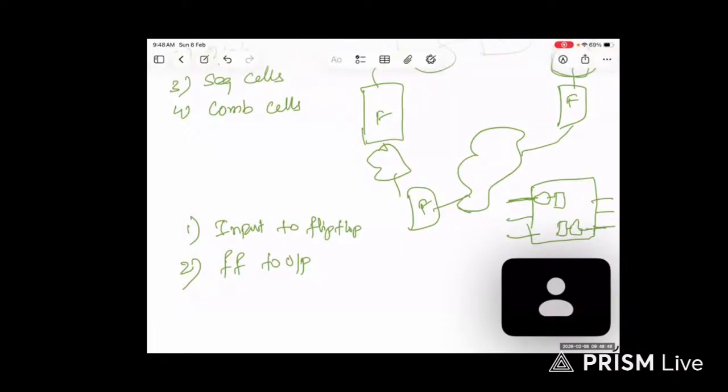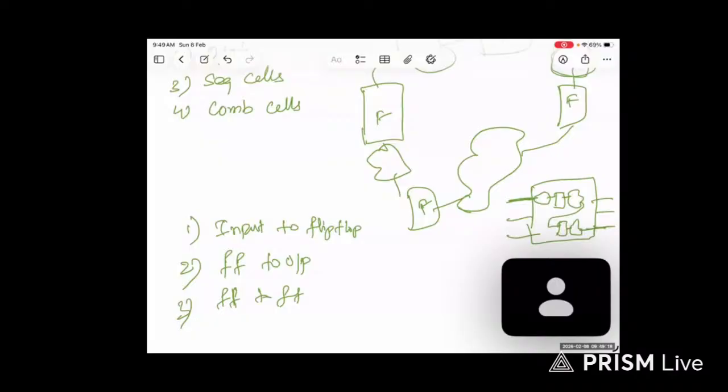So this is another path, correct? Then you have flop to flop, flip-flop to flip-flop. The input comes to this flip-flop. From this flip-flop, it goes to another combinational circuit and then it sends the data to the next flip-flop. So there is one more path, which is this path.